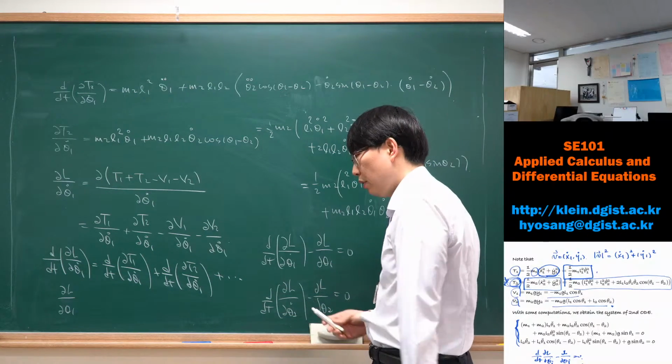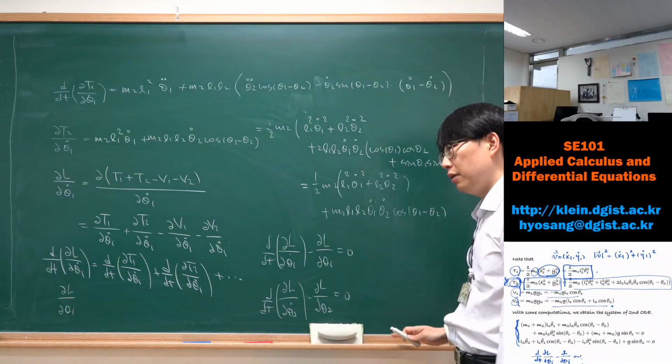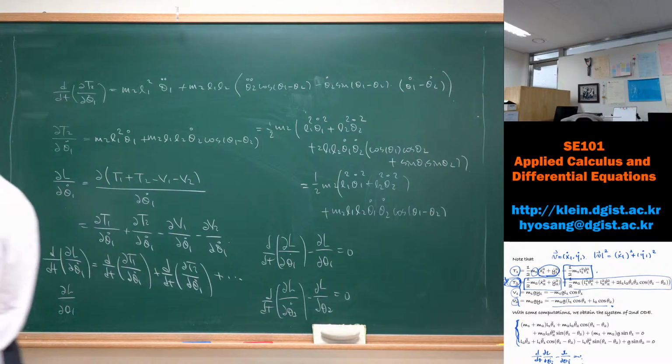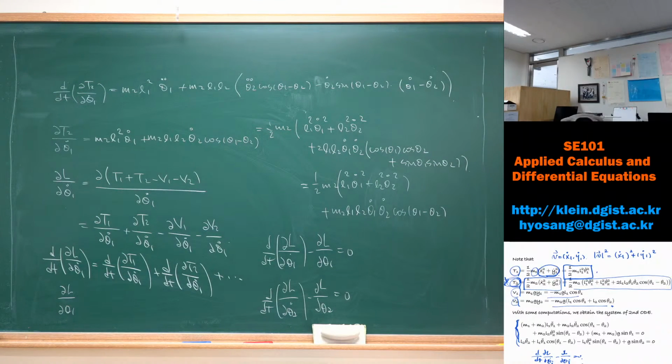And then it becomes a full system of differential equations, okay? So it's very long and tedious. If you make a mistake once, everything collapses. So I'm not going to do this.